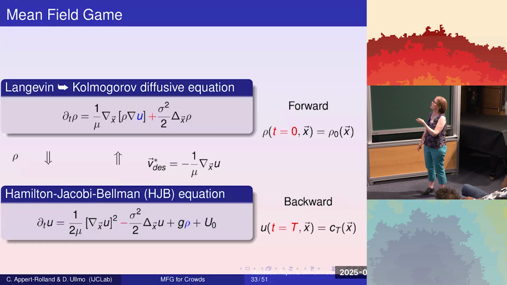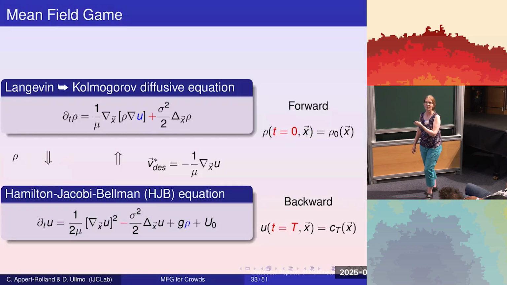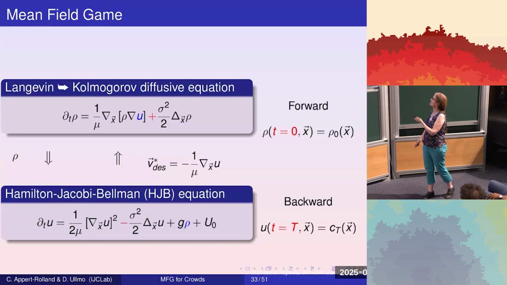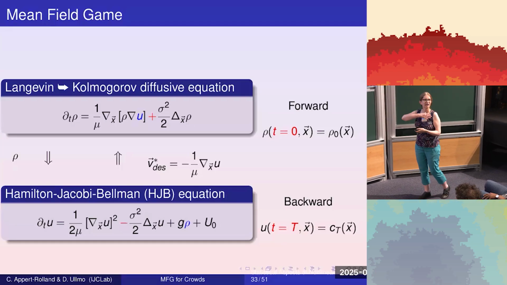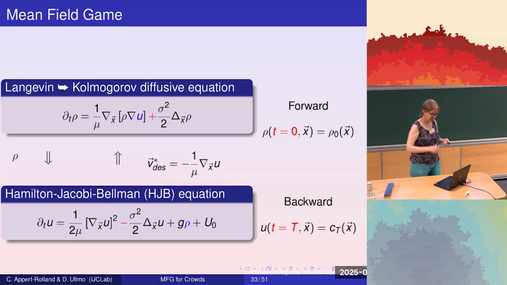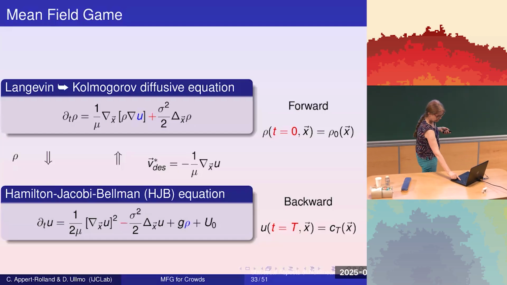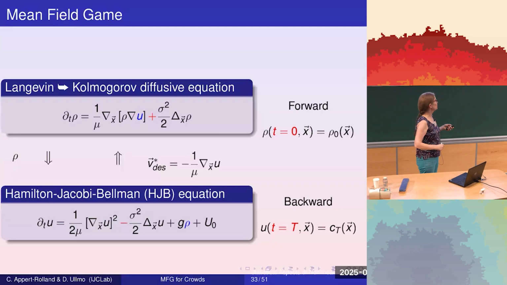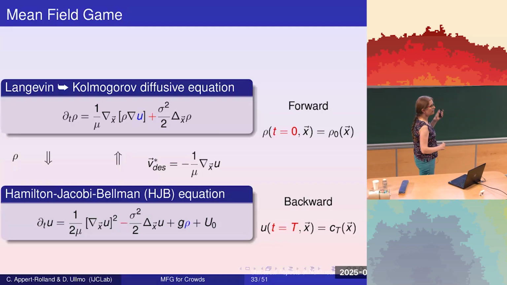For rho, we have the initial condition as usual, but for u, it is the final cost that we know. Because when we take t equals big T, the integral cancels, and so we know that u is only the terminal cost. So it's a bit tricky to solve numerically.